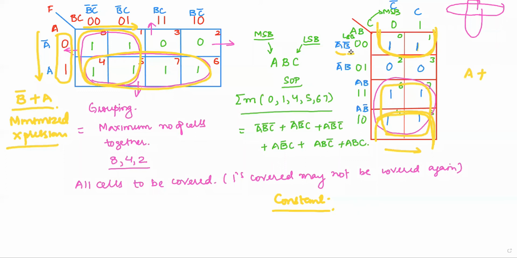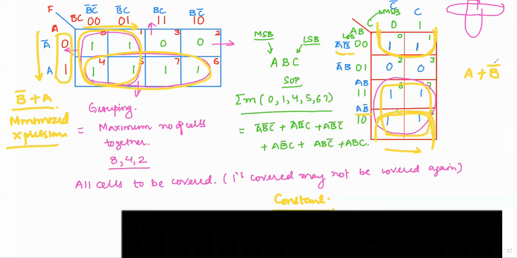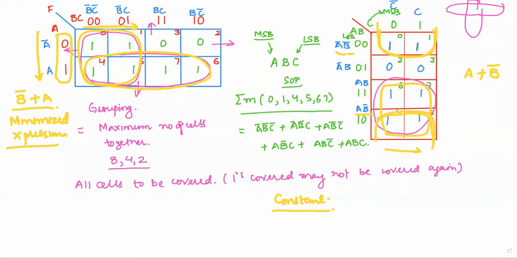And here this is A bar B bar and this is A B bar. So which is constant? B bar. So you will write it down as A B bar. So that means if you do it this way or this way, your minimized expression will be the same. The only thing you should take care of is that you are sure which is MSB or which is LSB. So I hope you get some idea about K-map.